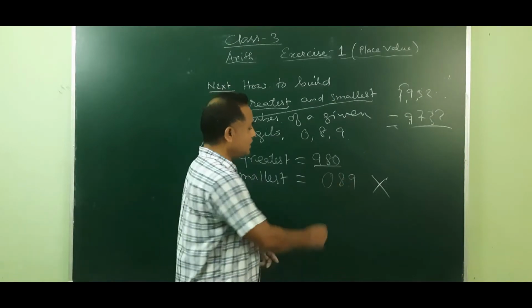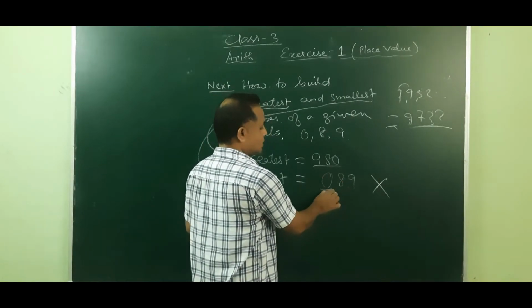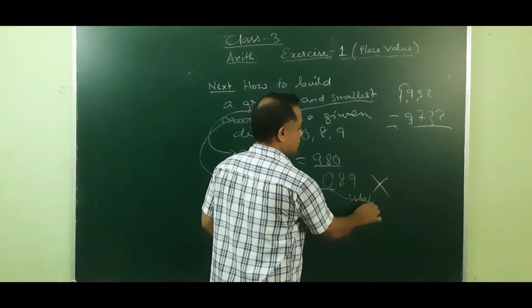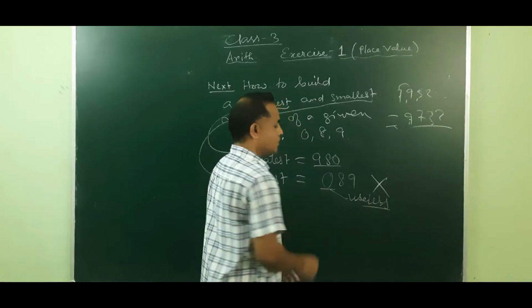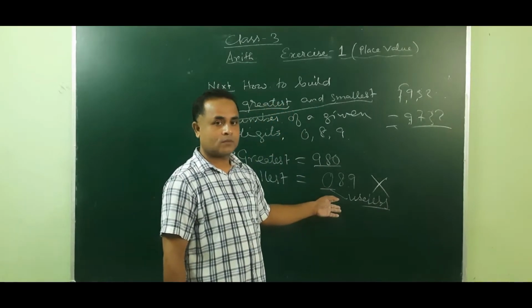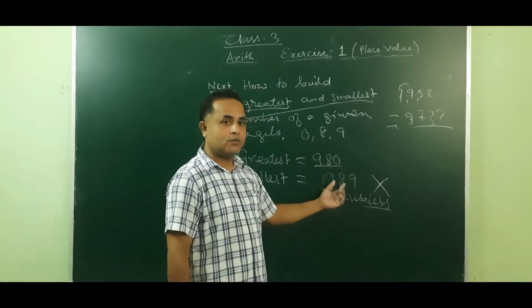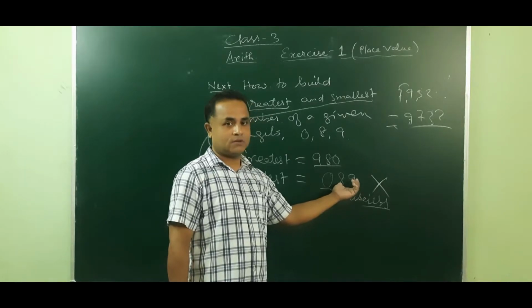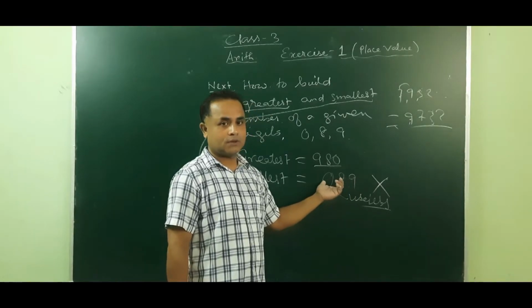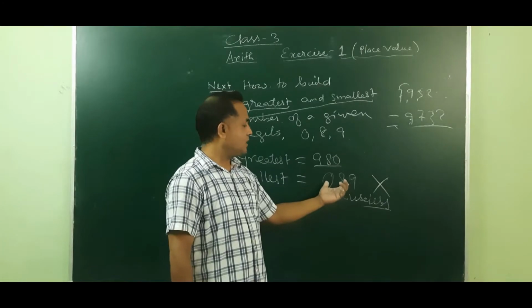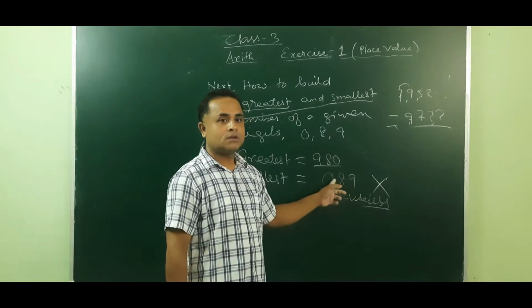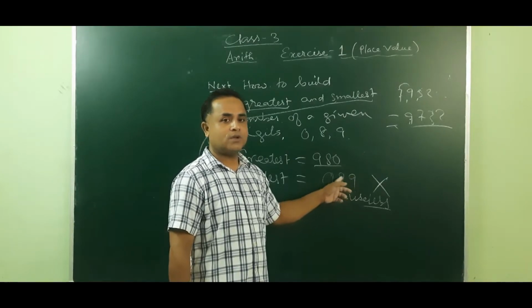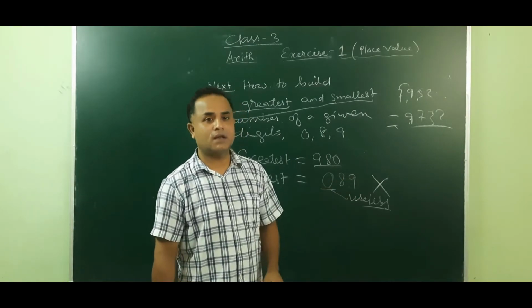If you put 0 on this side, this is useless. We will count only 2 place values here. Sometimes people think that if I start with 0, 0, 8, 9, it becomes 89.